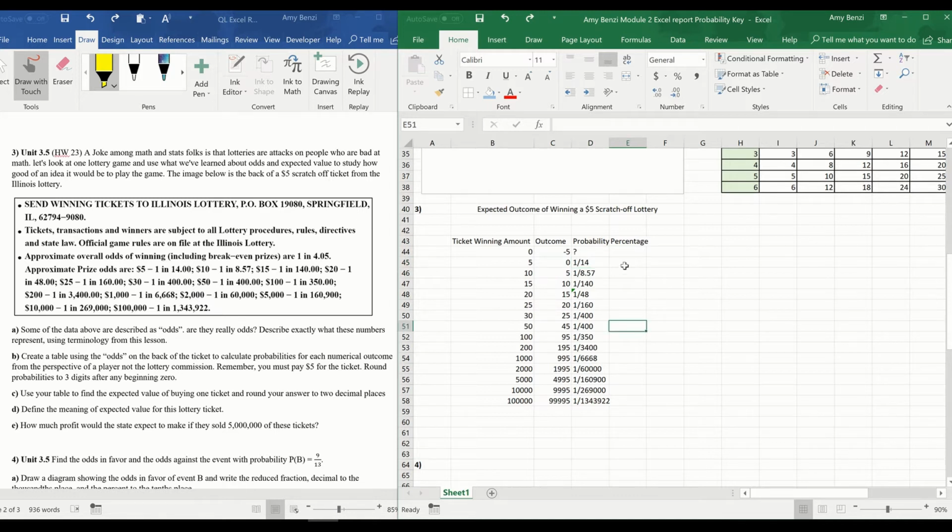All right, so let's have a check now at the actual percentage of these probabilities. What I am going to do here is copy and paste all of these. You guys are not going to want to just drag these over here because your numbers are all going to change.